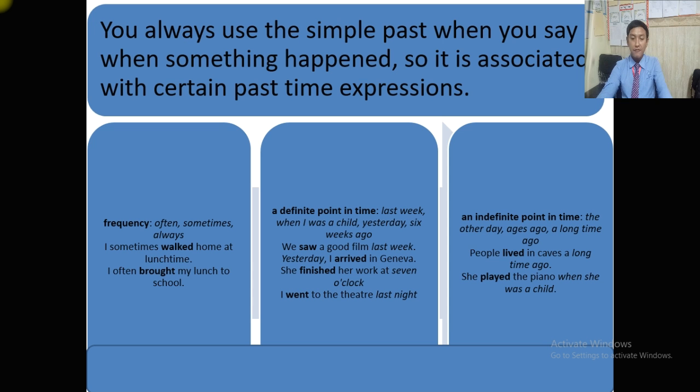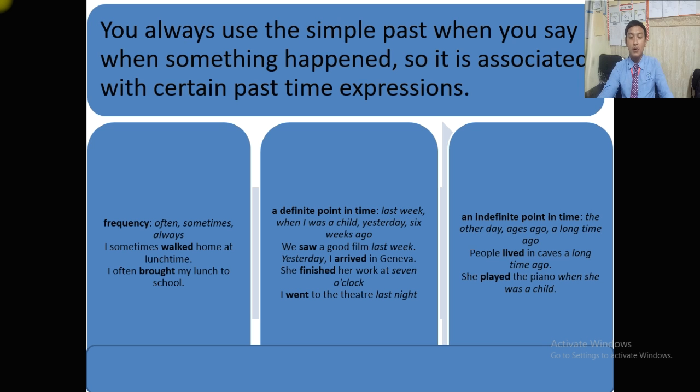You know the word definite? Definite means clear. If I say last week, when I was a child, yesterday, 6 weeks ago, 1 month ago, all of these we can say are a clear point of time, a certain point of time.